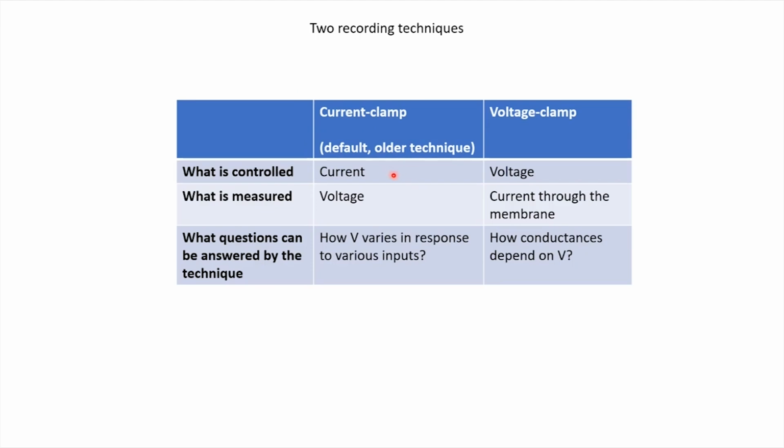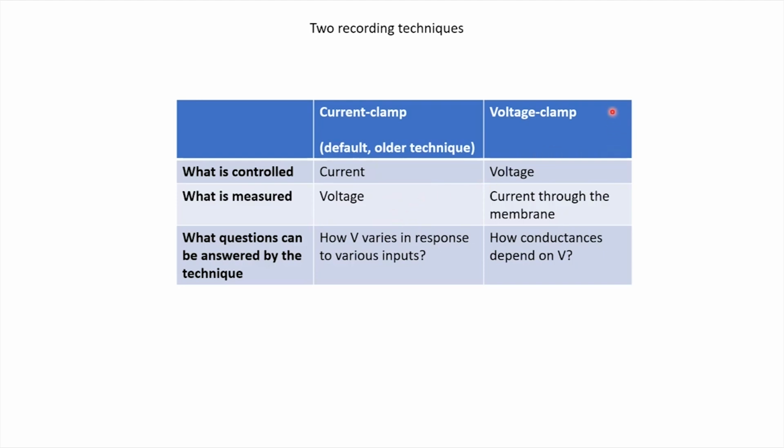So we are simply measuring the voltage and we can control the amount of current injected into the neuron. This can be zero, or we can inject some positive or negative current in the neuron. And these recordings are useful to see how the voltage of the neuron is varying over time in response to either the current injections or in response to various stimuli that is given to the animal or to the tissue.